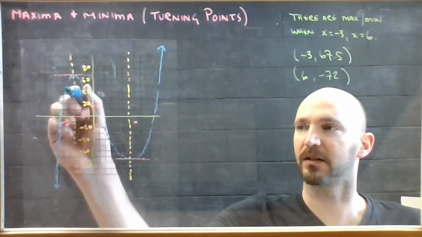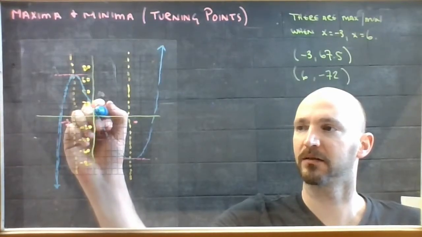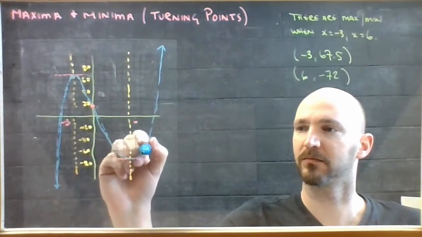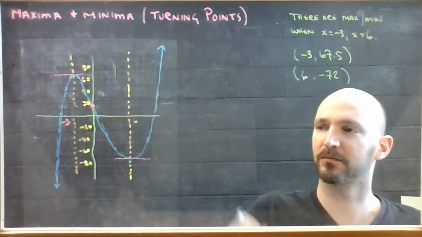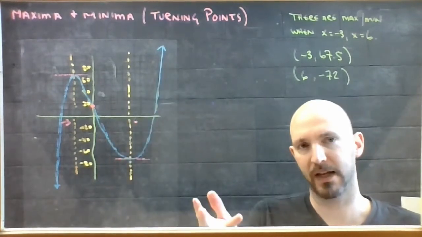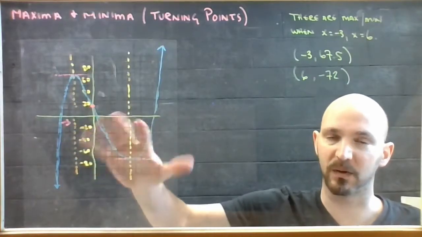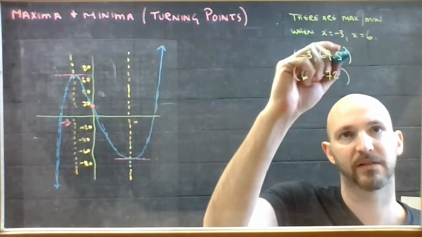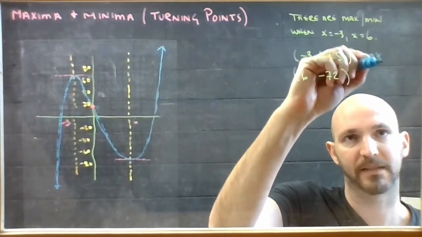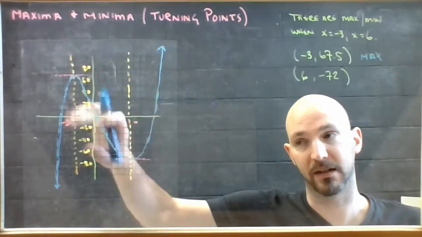Connect these in a little darker. So now that I have it drawn, this one at -3 is clearly a maximum. It's the only way these features could work. So I can jot that in, max. And then this thing here is clearly a minimum.